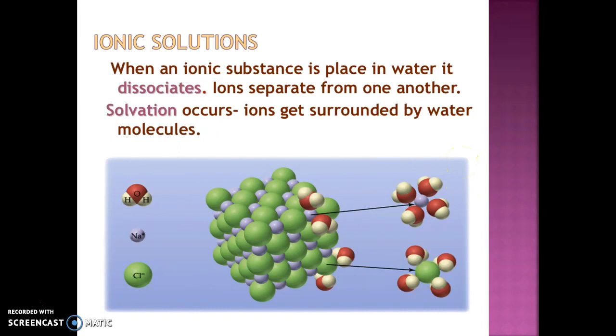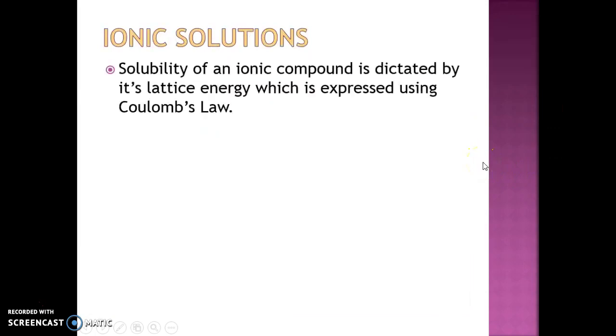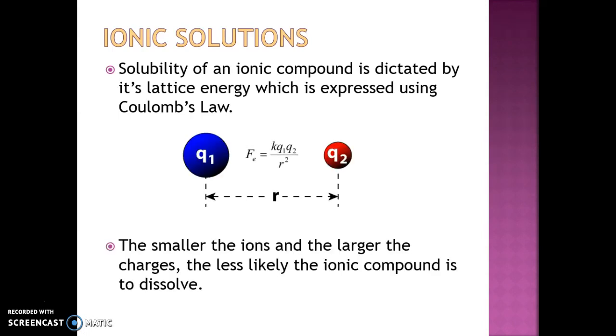So this is what happens when ionic compounds dissociate. The ions are already there, they just split apart. The strength of the solubility is going to be dictated by something that we've become very familiar with, Coulomb's law. I'm not going to spend a whole lot of time going over this. It's very much review.